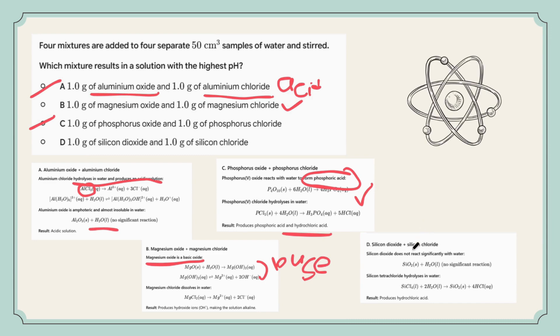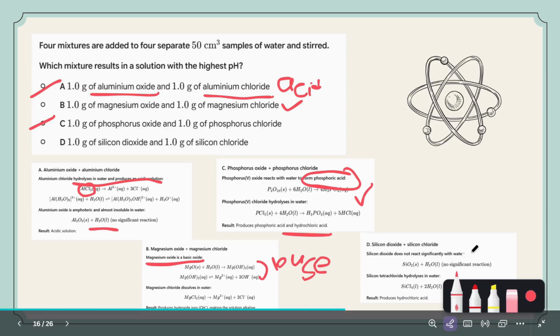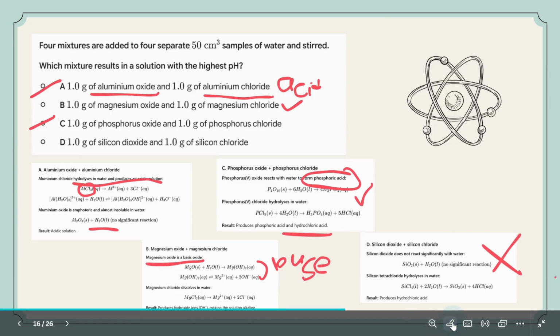And the last option is silicon dioxide plus silicon chloride. Silicon dioxide does not react significantly with water. Then silicon tetrachloride hydrolyzes in water and produces hydrochloric acid.